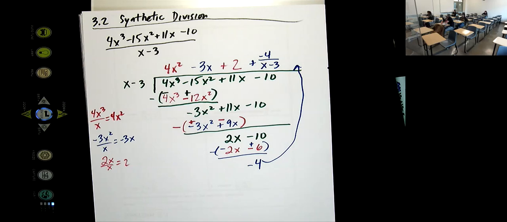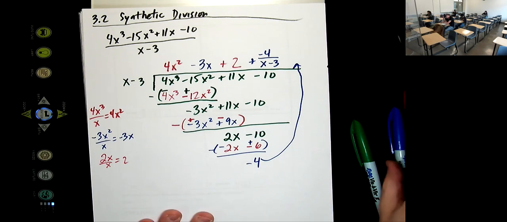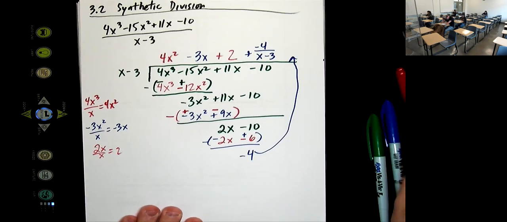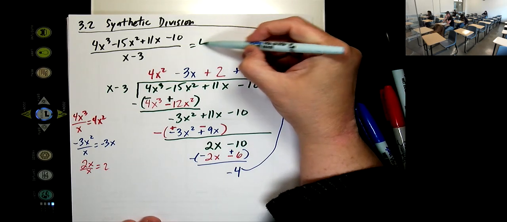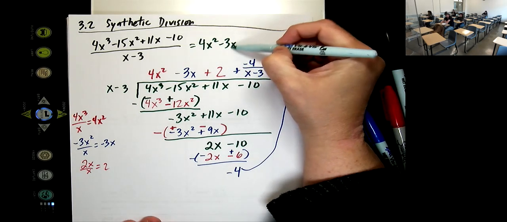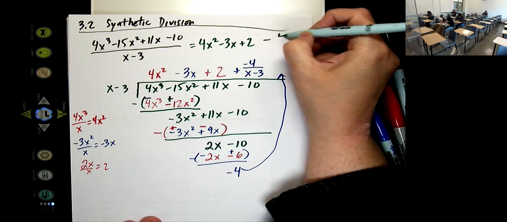Good catch. So that's the answer to that. If I divide that by that, I get 4x squared minus 3x plus 2. And then I can just say minus 4 over x minus 3.